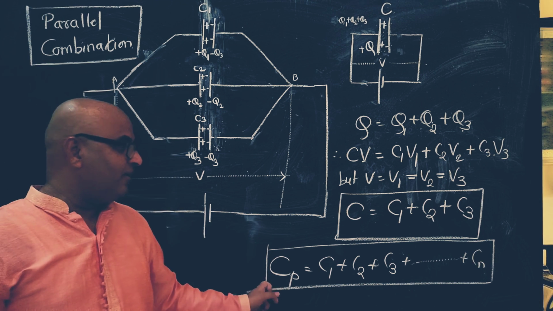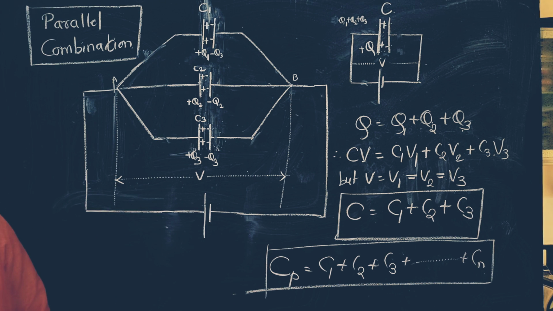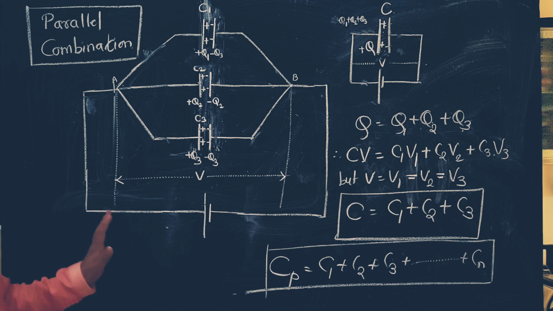I will connect them in parallel. Cp is equal to C1 plus C2 plus C3 plus dot dot dot Cn. Very important relations.